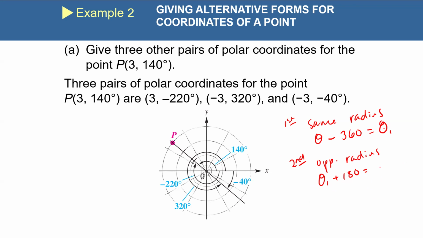And this will be our theta 2. And then the third one is still the opposite radius, and this one's going to be theta 2 plus 360. And that'll give you your final one.